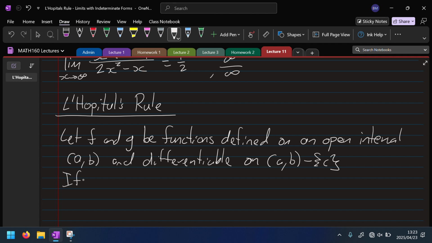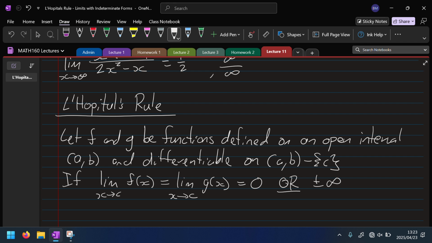Then, if the limit as x goes to c of f of x is equal to the limit as x goes to c of g of x, and these are both 0, so the limit of f of x is 0 and the limit of g of x is also 0, or plus or minus infinity. So either both of them are 0 or both of them are infinite.